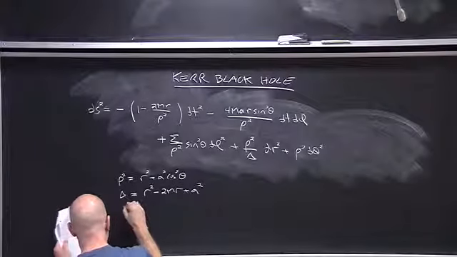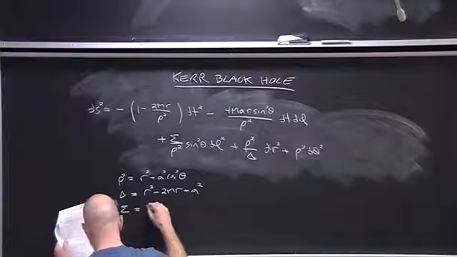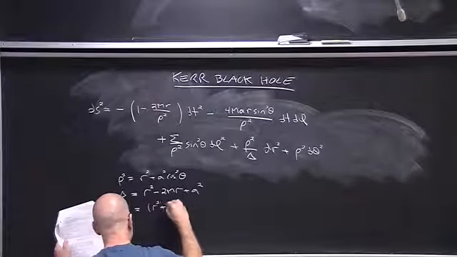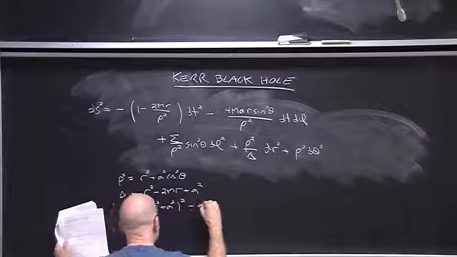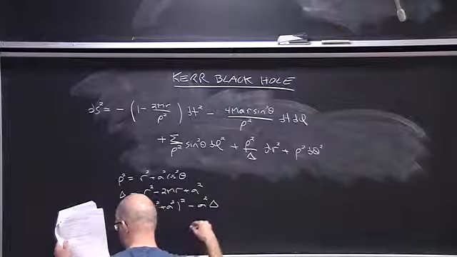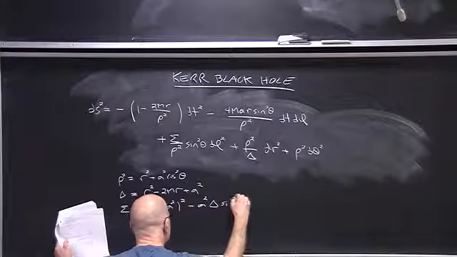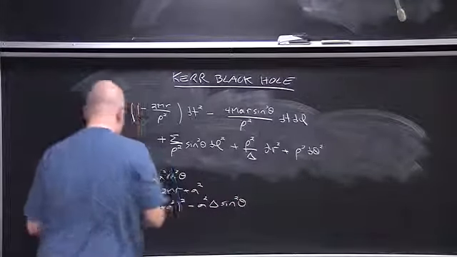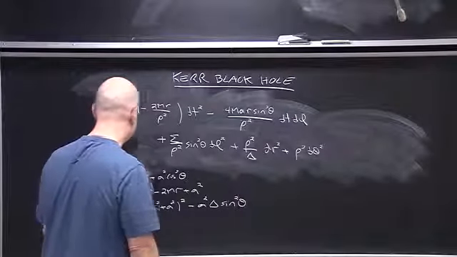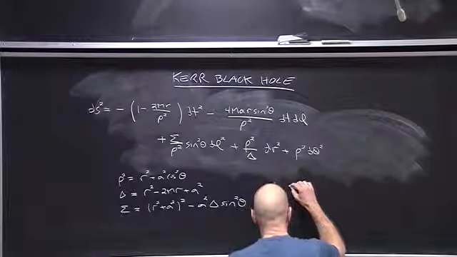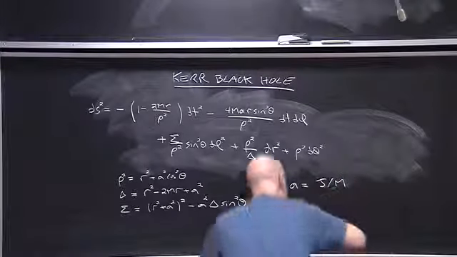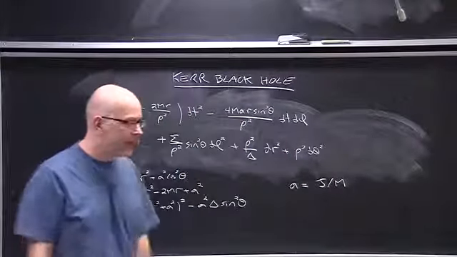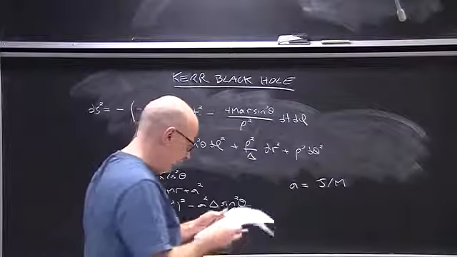We've got sigma, which is r squared plus a squared, all squared, minus a squared delta sine squared theta. And the only remaining thing is that a is J over M, where J is the angular momentum of the rotating black hole.